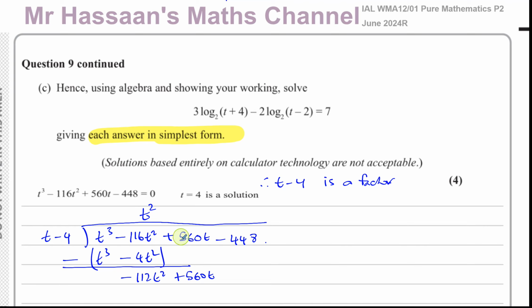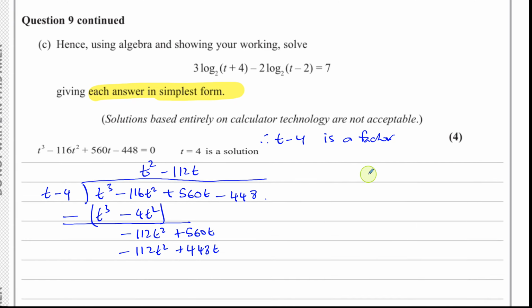Then t times minus 112t gives us minus 112t squared. Multiply those together, you get minus 112t squared, plus, that's 4 times 112, that's going to be 448t, isn't it? 4 times, that's 400 plus 48. That's right. Now I'm going to subtract these two lines.